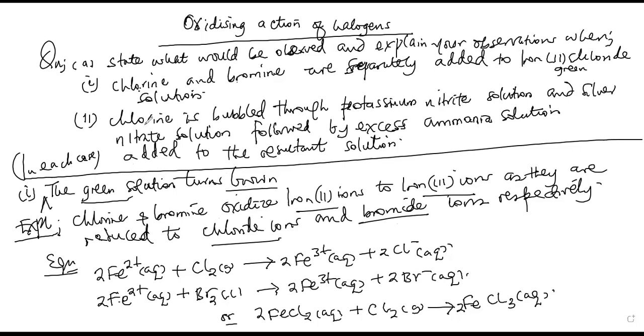Then here, chlorine is bubbled through potassium nitrate solution. For this particular case, you realize that the chlorine gas will dissolve, and you form a colorless solution.